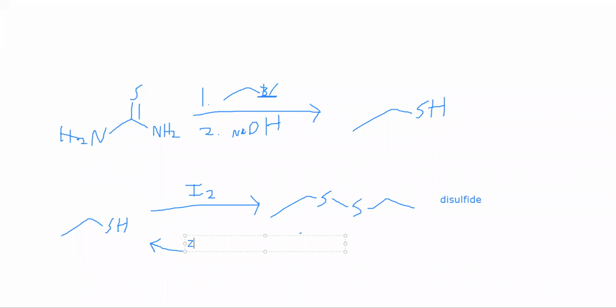One example that he gave is zinc and HCl, but you could probably use hydrogen and palladium and other common reducing agents. And then I already discussed you can form sulfides by reacting a thiol with an alkyl halide. So I'm talking about sulfides now. That's a way you can form sulfides.